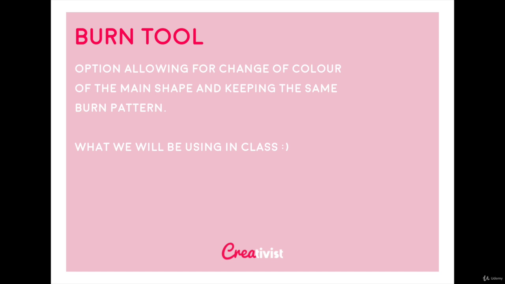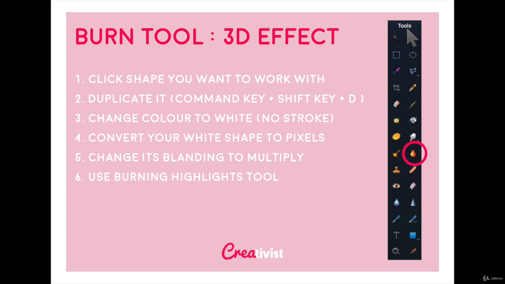So the process here is a little bit longer and perhaps more complex, but it makes things easier later on in the process. First, let me go through the steps with you quickly, and then I will show you how it actually works in practice. So what we would do first is click on the shape that we want to work with, duplicate it with our Command key, Shift key, and D key pressed all together.